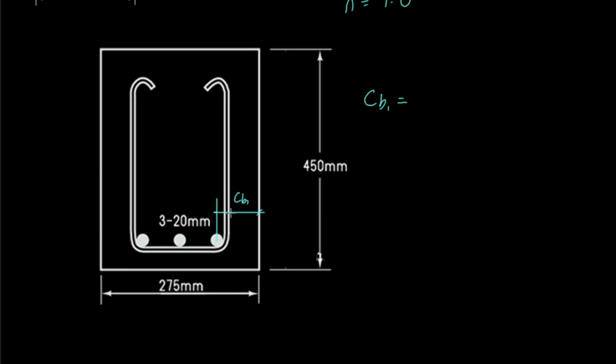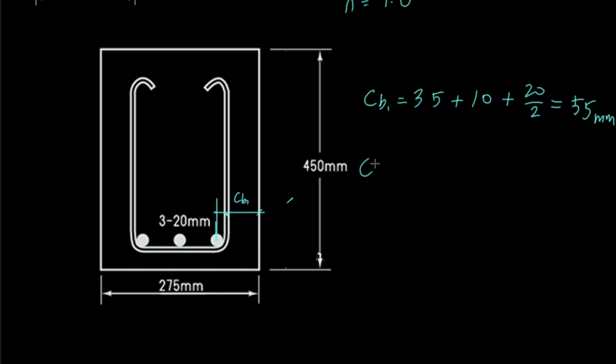And then, ipa-plus natin yung ating diameter ng stirrup, then yung ating kalahati ng main bar natin, which is 20 over 2. Which is, meron tayong 55 na CB1, mm.